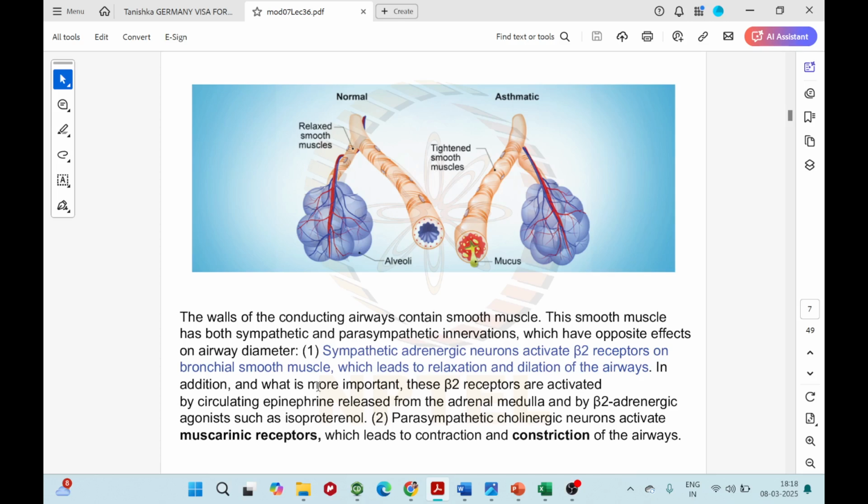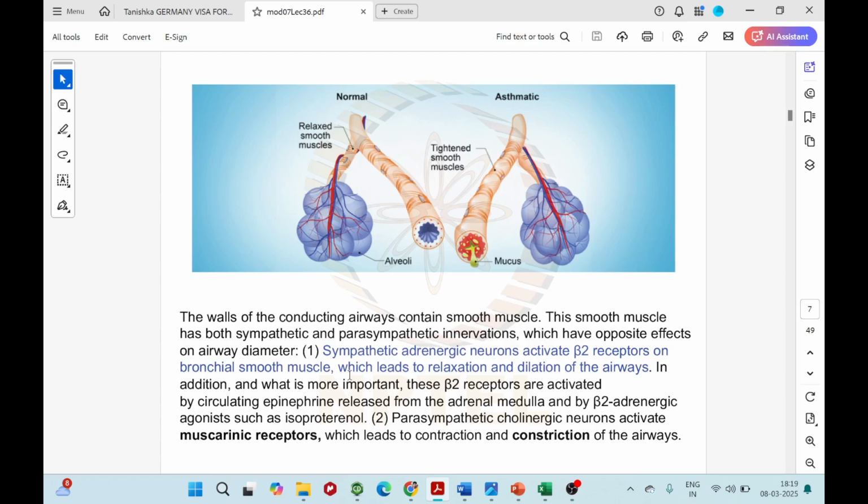In addition, and what is more important, these beta 2 receptors are activated by circulating epinephrine released from the adrenal medulla, and by beta 2 adrenergic agonists such as isoproterenol. So if the sympathetic nervous system gets activated, what does it do? It helps in the relaxation of these conducting airways.